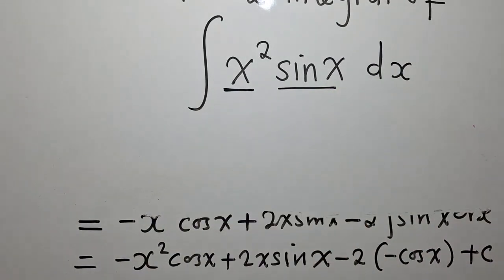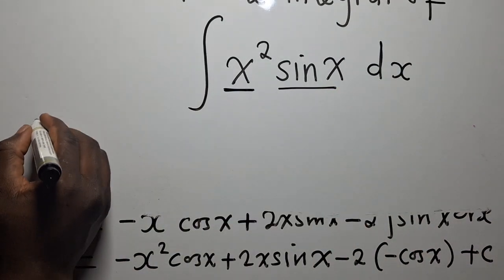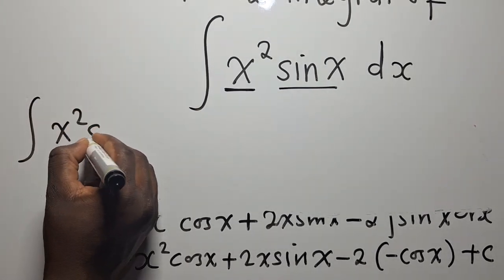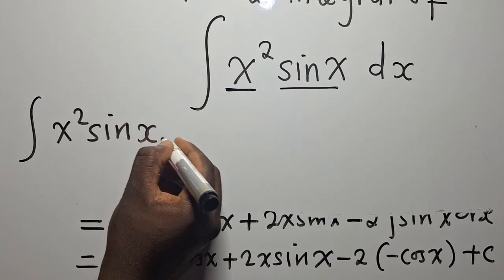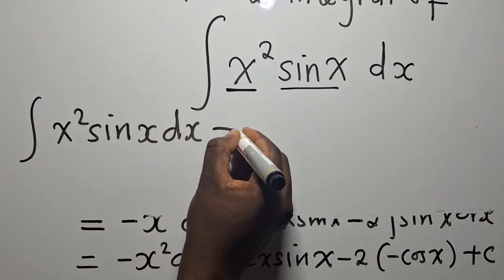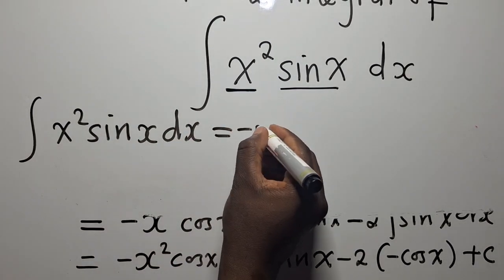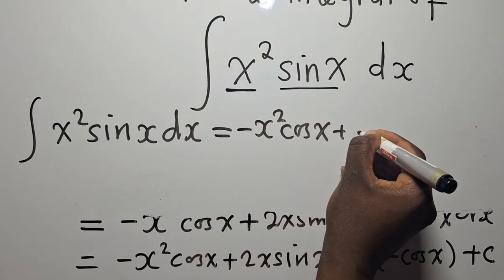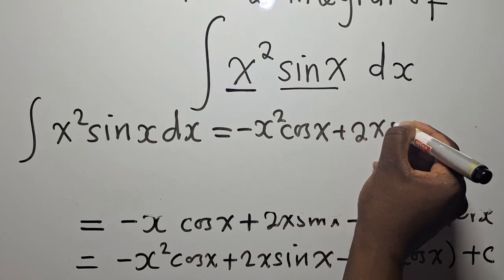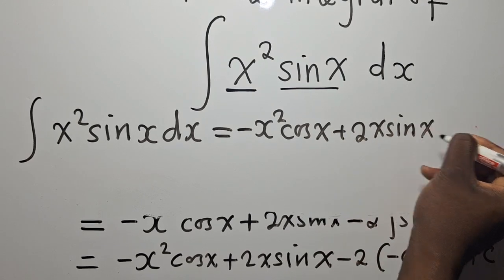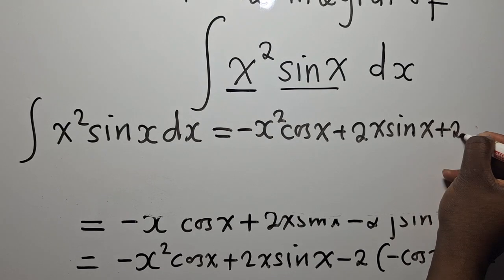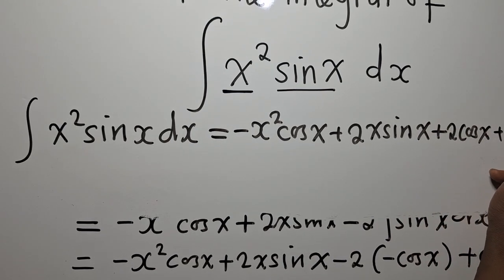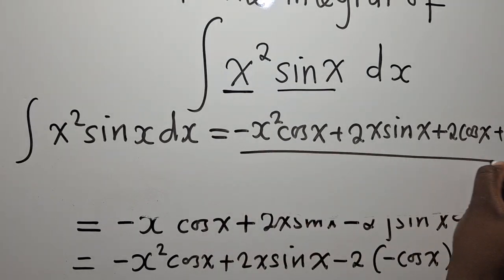So we shall say the integral of x power 2 sine x dx will be equal to negative x power 2 cos x plus 2x sine x plus 2 cos x. Then we say plus a c. So this is our answer.